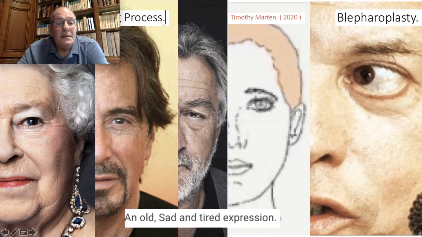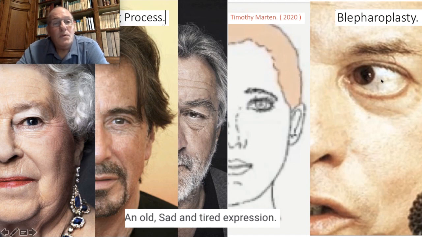Let me explain in this way. All this in the aging process acquires an old, sad and tired expression. If we make a drawing, it's just this. And this expression is because we have a ptosis of the eyebrow, and this ptosis is more important in the tail than in the head, like this.